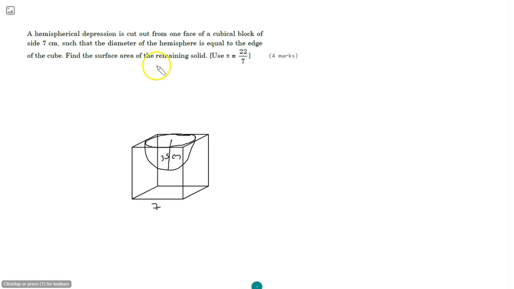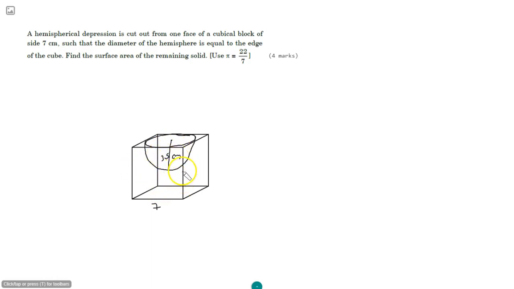Now you need to find the surface area of the remaining solid. So if you imagine the remaining solid, it will have 4 faces on the 4 sides. And by 4 faces, I mean the 4 lateral faces of this cube. And then there is a face at the bottom which is not disturbed by carving out this hemisphere.